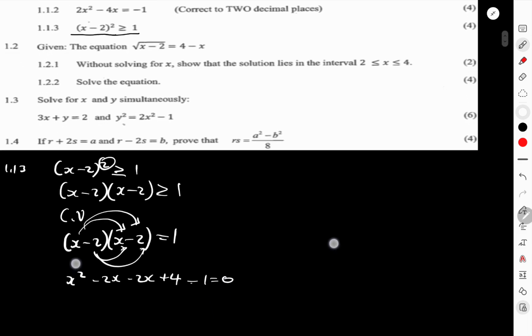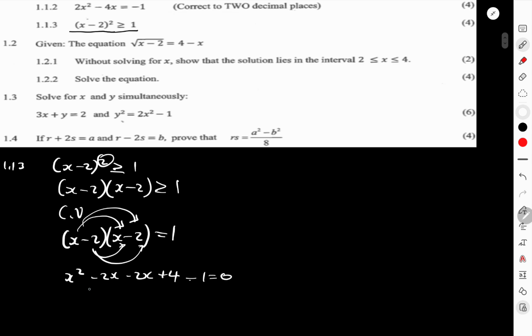Now we are going to see that this negative 2x and this negative 2x are like terms, right? Because they are having the same variable raised to the same exponent. Therefore I'm going to have x squared minus 4x plus 3 is equals to 0, because 4 minus 1 is 3.